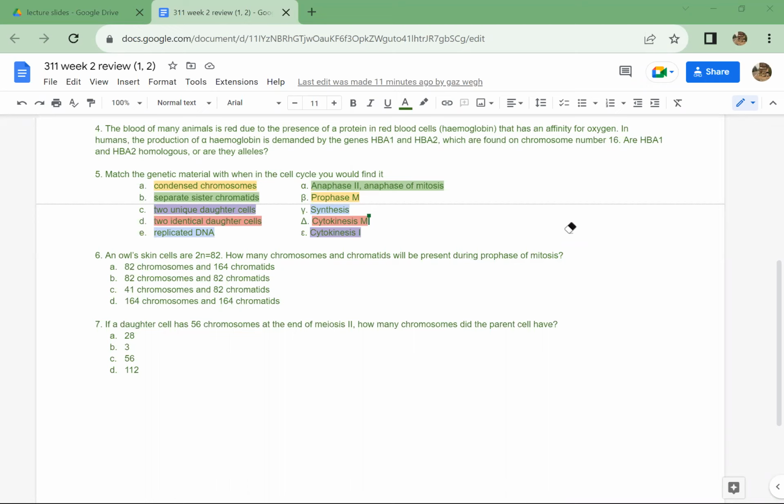If a daughter cell has 56 chromosomes at the end of meiosis 2, how many chromosomes did the parent cell have? I know the answer to this. Don't feel guilty or dumb for having to draw everything out.